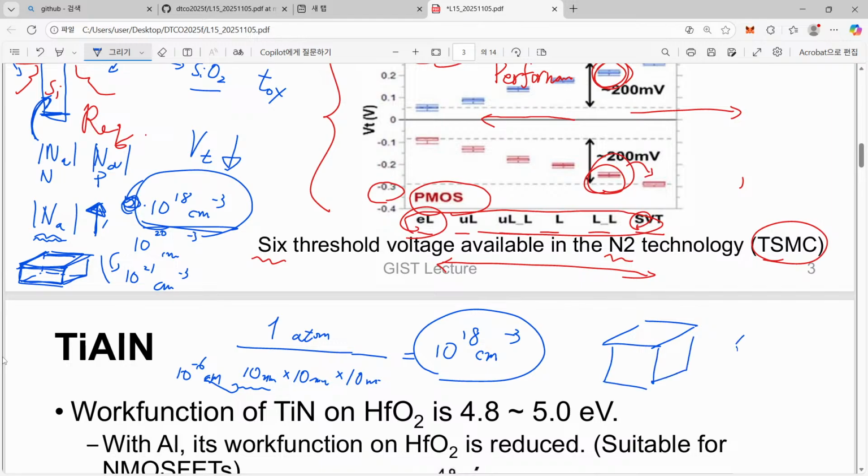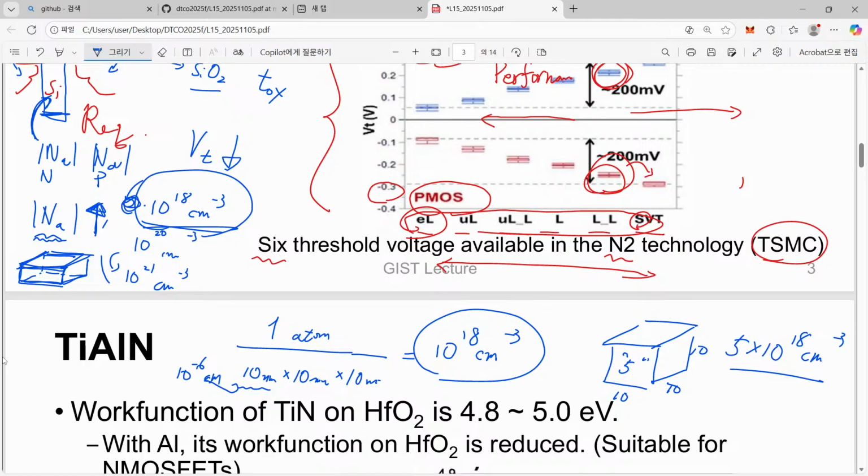So if we have to apply a 5 times 10 to the 18 per cubic centimeter doping density into a 10 by 10 by 10 box, then nominally how many atoms should be placed? If we place 5 atoms, that corresponds to 5 times 10 to the 18 per cubic centimeter. Oh, good. But we have no way to precisely control the number of atoms in this small box.